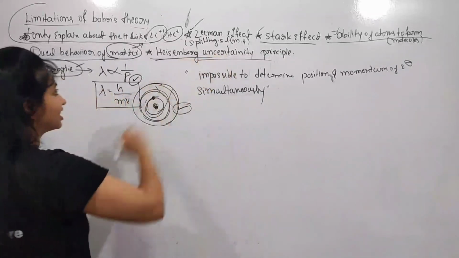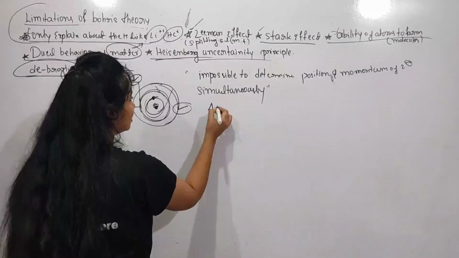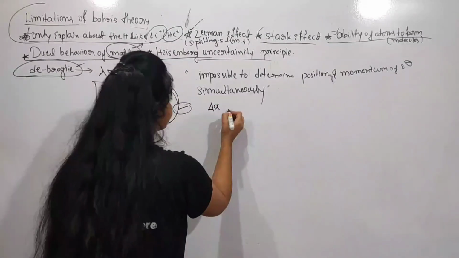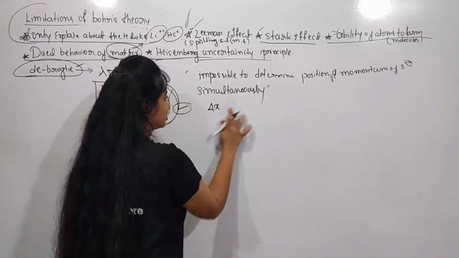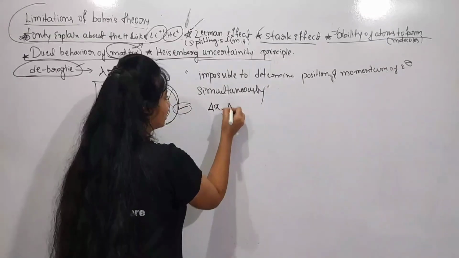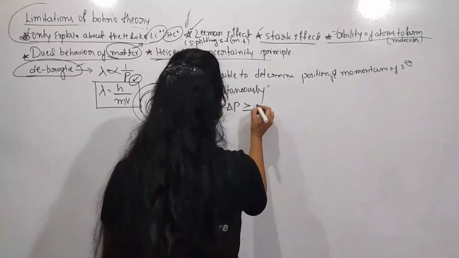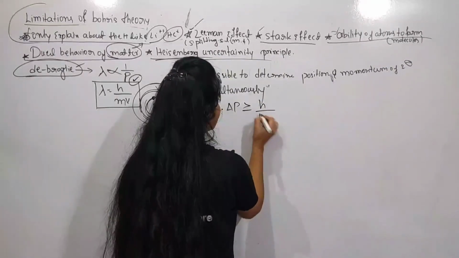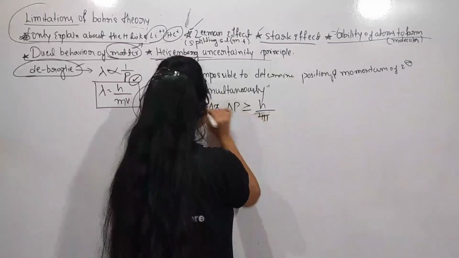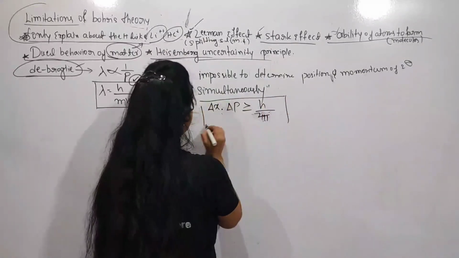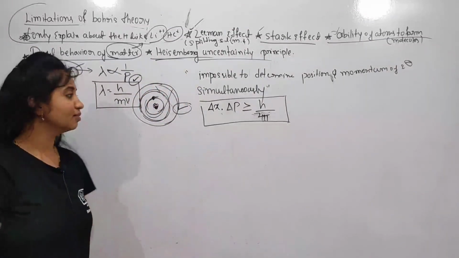Mathematically, the Heisenberg uncertainty principle is written as Δx · Δp ≥ h/4π. This is the mathematical representation of the Heisenberg uncertainty principle.